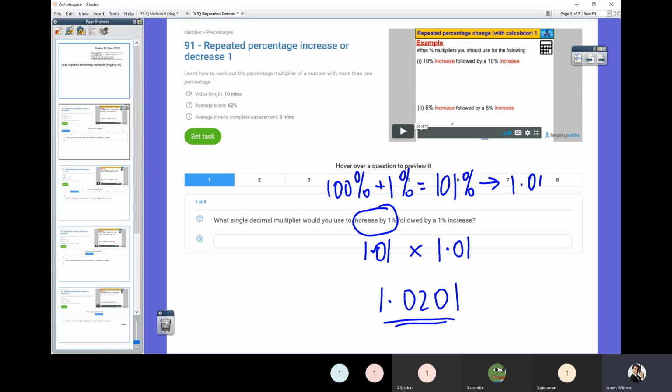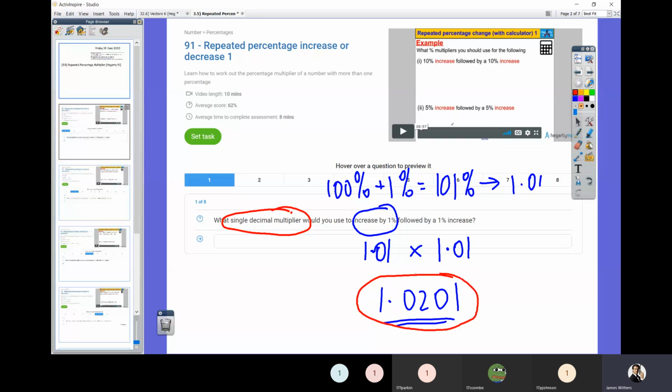That's all you have to do for the first few questions. That is where it's asking for a single decimal multiplier, where we've got an increase by 1% and then another 1% increase.